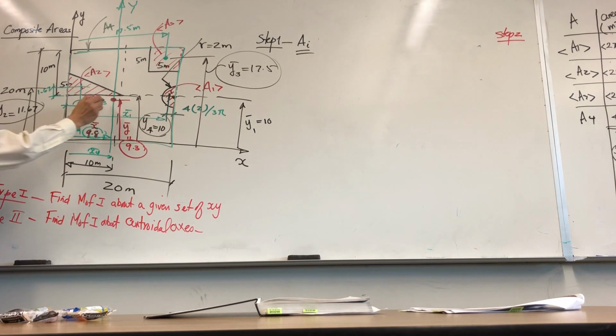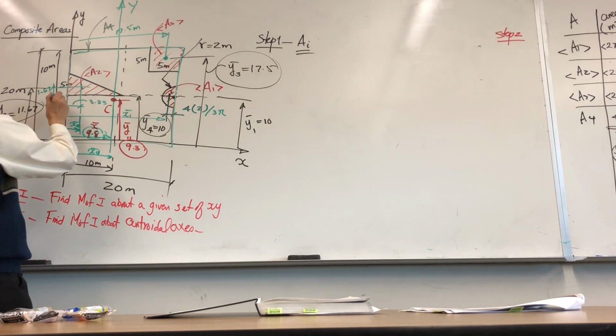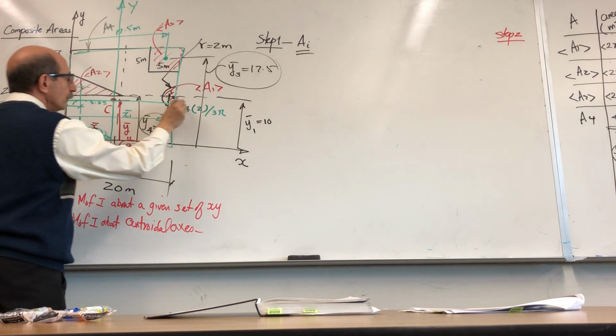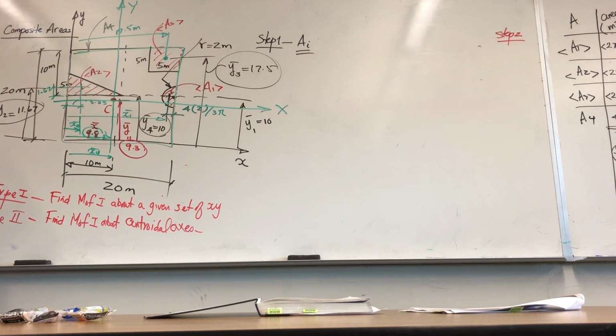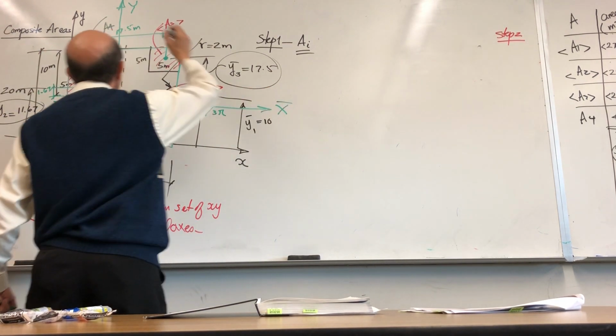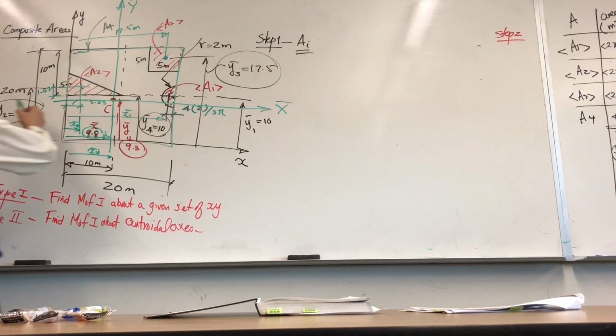So this is the centroid, and this will be the centroidal x-axis. That is what the problem is asking you: to find the moment of inertia of this whole shape about these axes.